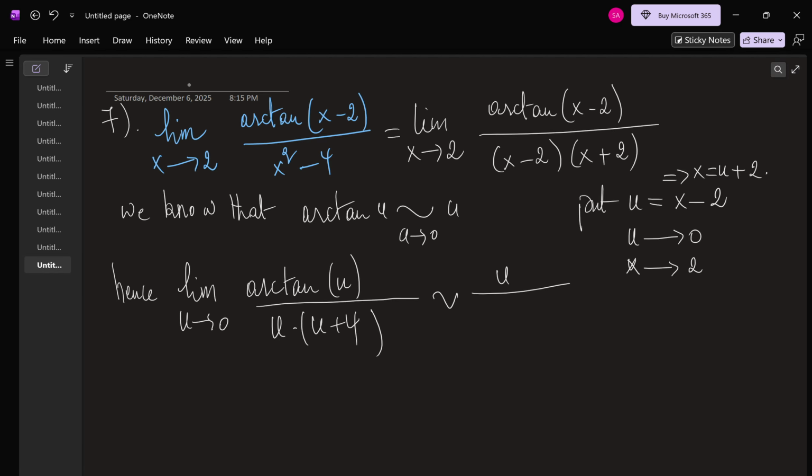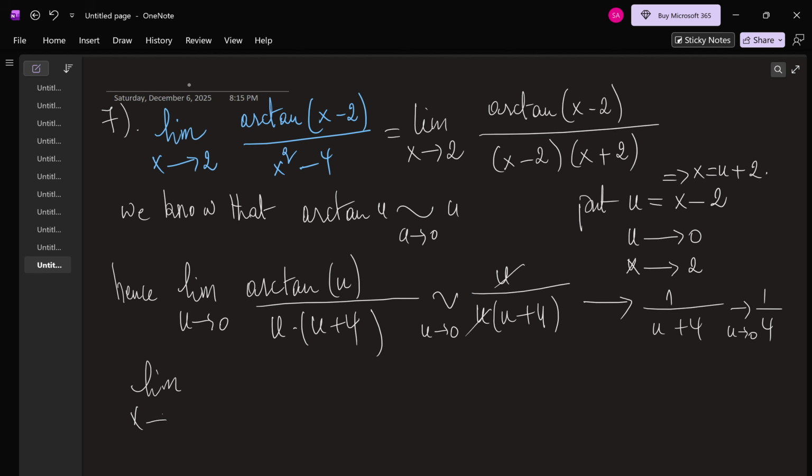So this is equivalent to u over u plus 4. Now u is going to 0, so u will cancel with u. What remains is 1 over u plus 4, which is going to 1 over 4 as u approaches the value 0.